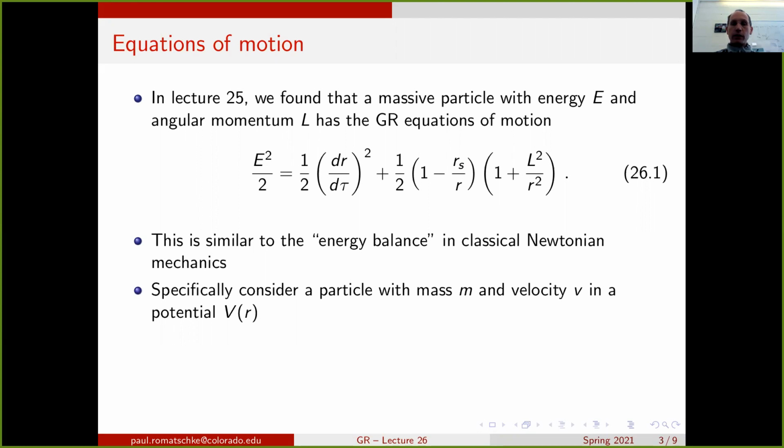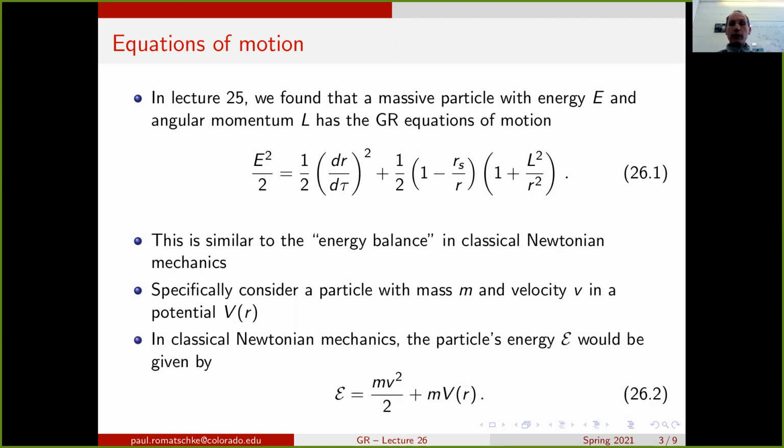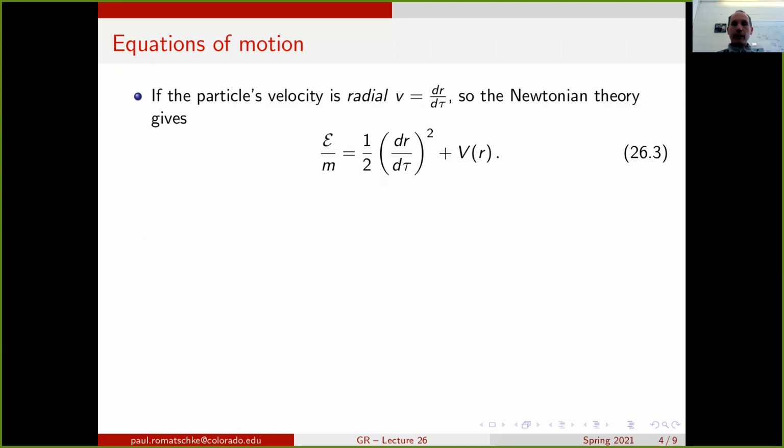Specifically, if you consider the energy balance of a classical particle with mass m and velocity v in a potential V(r), then Newtonian mechanics tells you that the energy of the particle is given by the kinetic energy plus the potential energy. The kinetic energy is mv squared over 2, and the potential energy is mass times the potential V(r) if the potential only depends on the radius r.